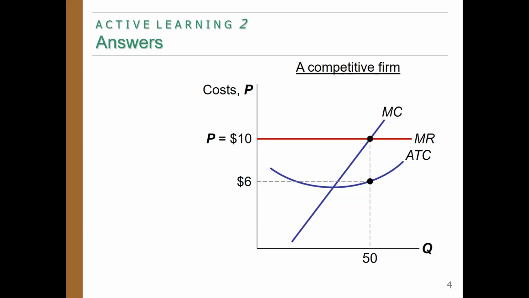Average fixed cost equals fixed cost over quantity. And AFC is always going down. Why? Because fixed cost stays the same, so as you divide it by a bigger quantity, it decreases. And average variable cost is variable cost over quantity.